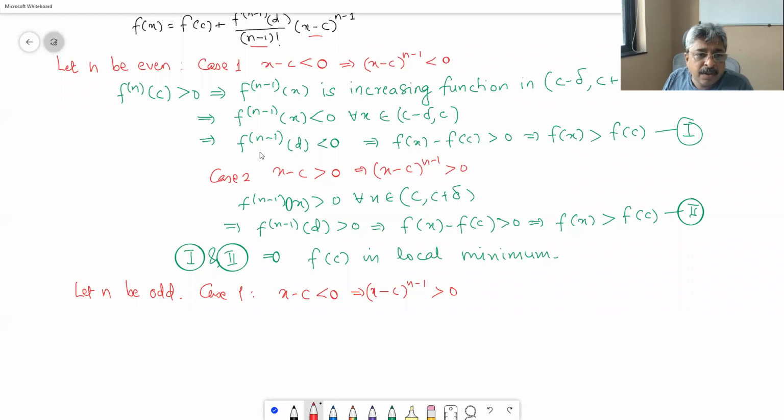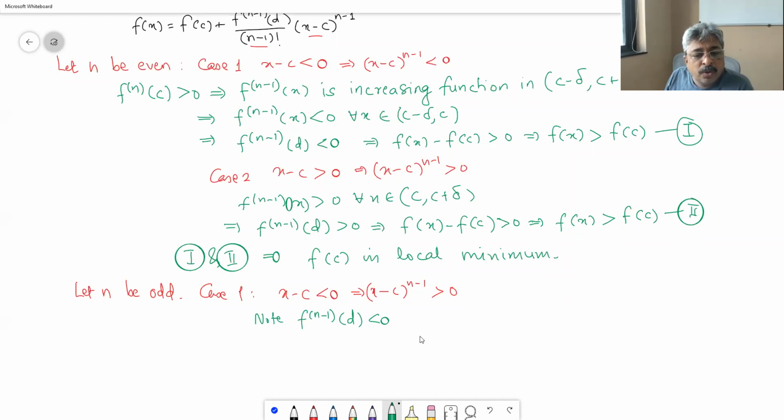Therefore, fn minus 1 at d is less than 0. Note, fn minus 1 evaluated at d is less than 0.